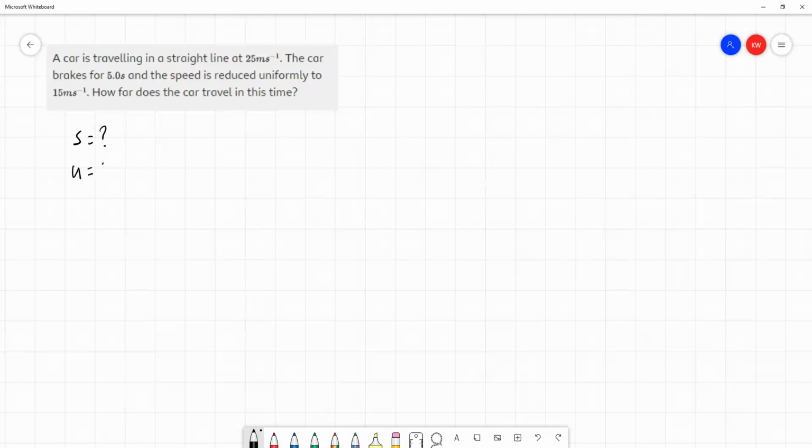So our initial velocity is 25 meters per second. So ms to the -1 is the same thing as m/s to represent meters per second. And our final velocity at the end of this time is 15 meters per second. And we're given a time of 5 seconds. So we have 3 pieces of information and we're asked to find one thing.